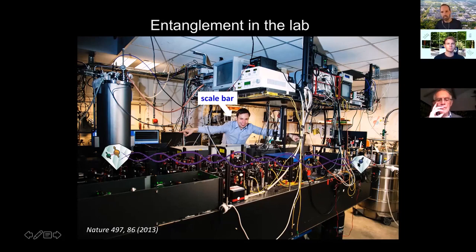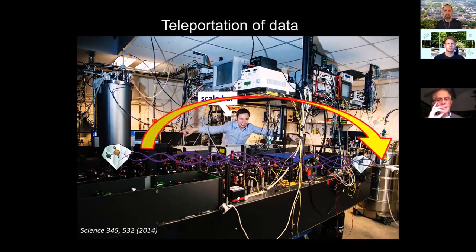I just indicated them with these cartoons here. By using all this equipment on the table, we're able to make entangled states between these two electrons separated by a few meters. So this little cartoon that I showed with the red and the white ball, we can actually make inside of the lab.